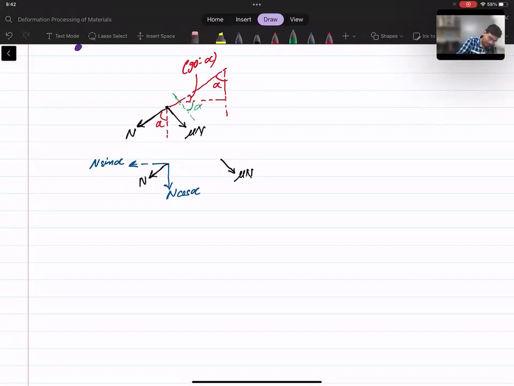Okay. So again the loads will be in this direction. We will get mu n cos alpha and here we will get mu n sin alpha.